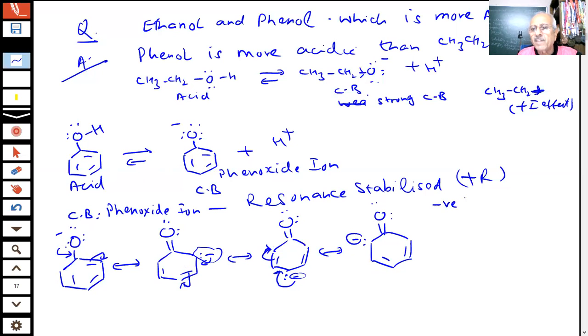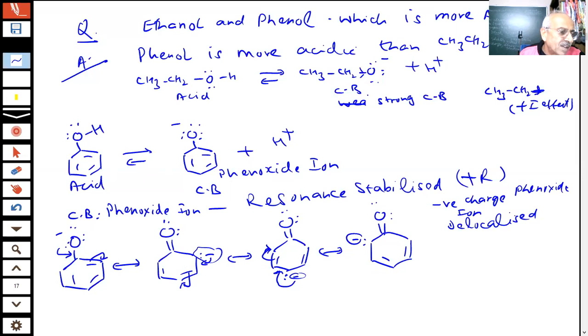I'm saying the negative charge of phenoxide ion is delocalized. It is not local on oxygen. The negative charge of phenoxide ion is delocalized by resonance.